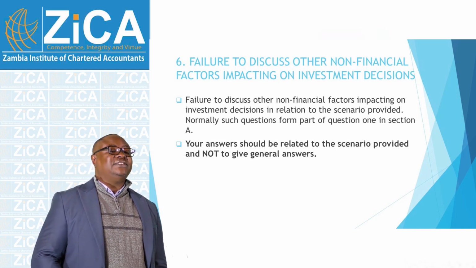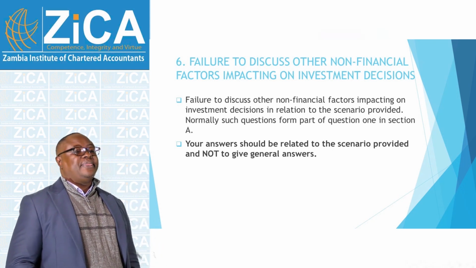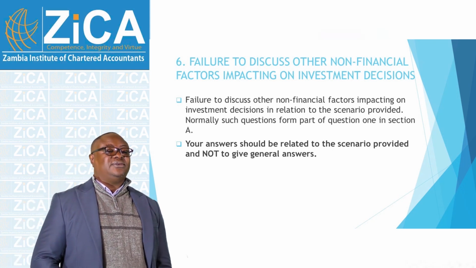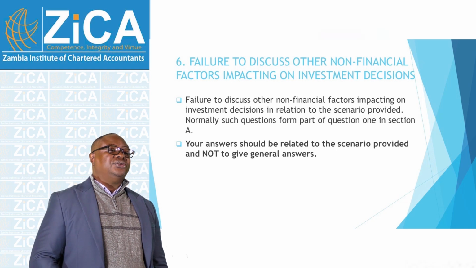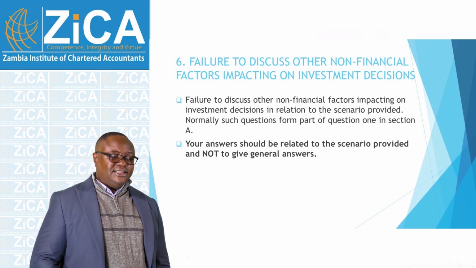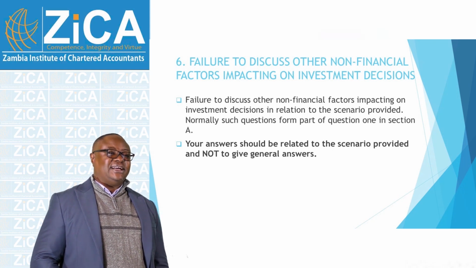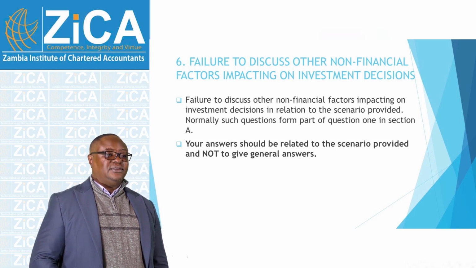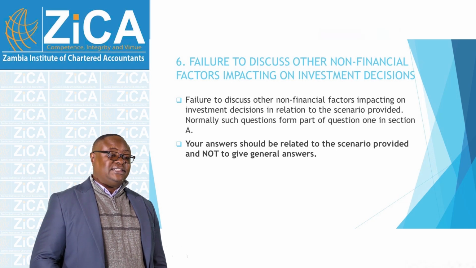So you need to even understand what you are computing. Sometimes a question will ask you to discuss certain aspects that are impacting on the investment evaluation that you are doing. So if you don't know those, you don't know what you are doing, you may have a challenge answering this question.